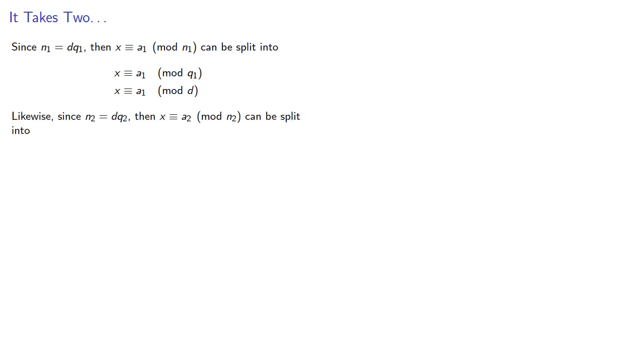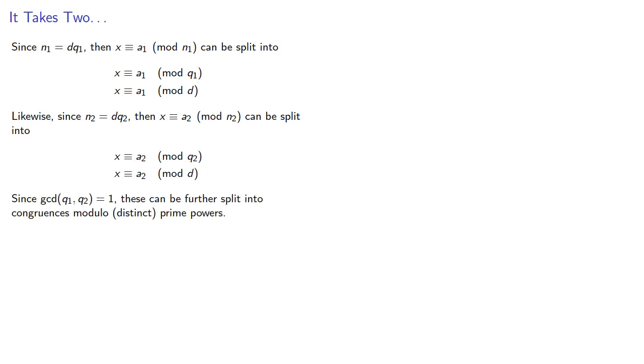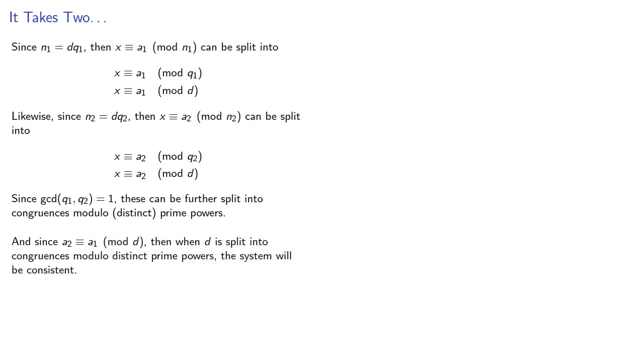Likewise, since n2 is d times something, then x congruent to a2 mod n2 can be split into two congruences. Since the greatest common divisor of q1 and q2 is 1, these can be further split into congruences mod distinct prime powers. And since a2 is congruent to a1 mod d, then whenever d is split into congruences mod distinct prime powers, the system will automatically be consistent.